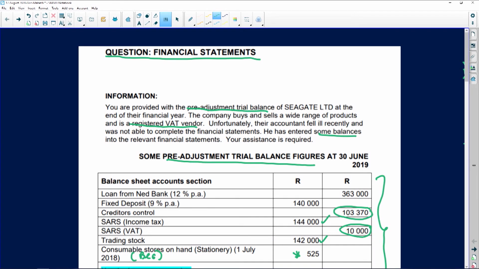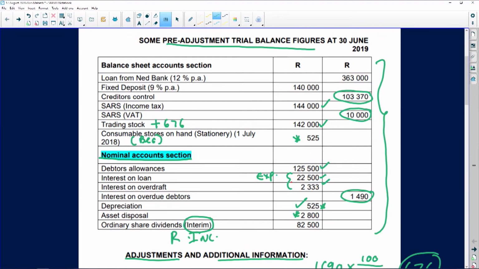So I'm going to go to my information, trading stock, and next to trading stock, I'm going to put in plus 676. So when I have to calculate trading stock deficit, I know that I first need to add on the stock that was returned by the customer. Okay, first adjustment done and dusted.